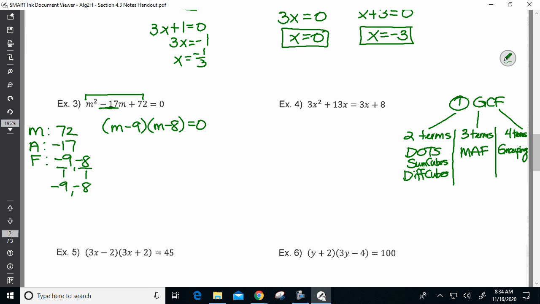So now that it's factored, separated into its 2 factors, m equals 9, m equals 8. That's it, problem done.